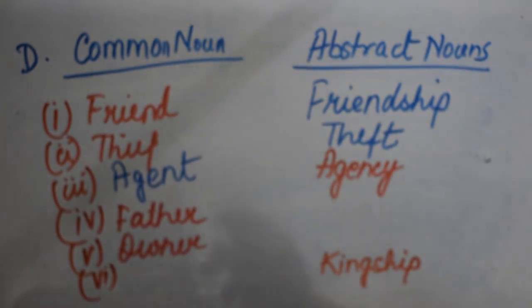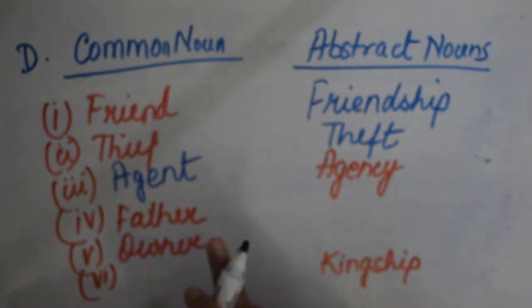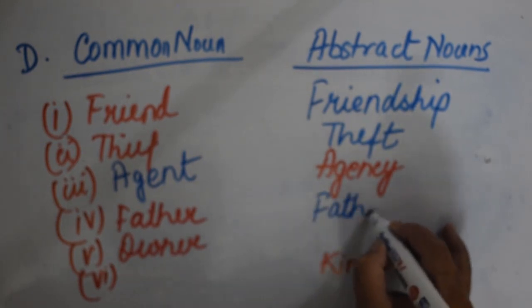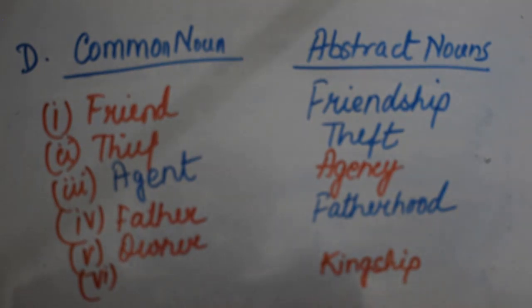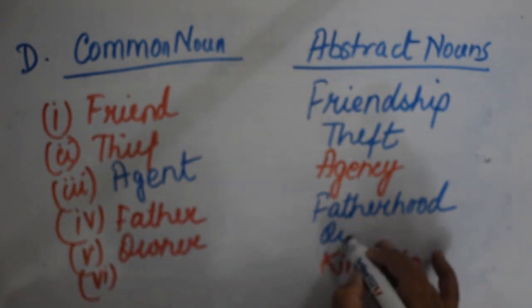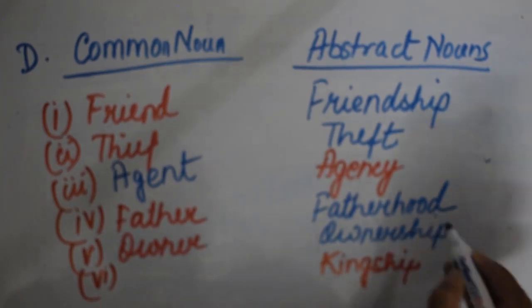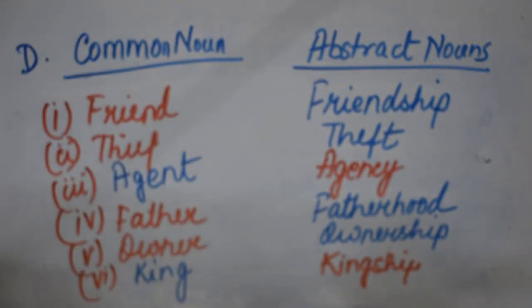An agent runs an agency. Father turns into fatherhood. Owner becomes ownership. And kingship comes from the common noun king.